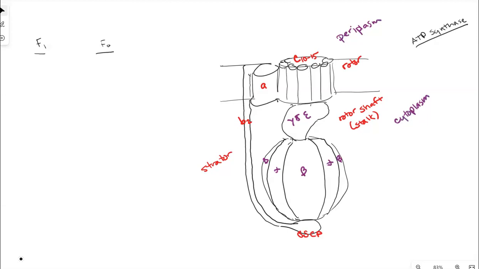So this is our F1 in purple. Everything labeled in red with our A, B, C, and there's 10 to 15 of those subunits, and the stators, these all make up the integral membrane protein, which is our F0.